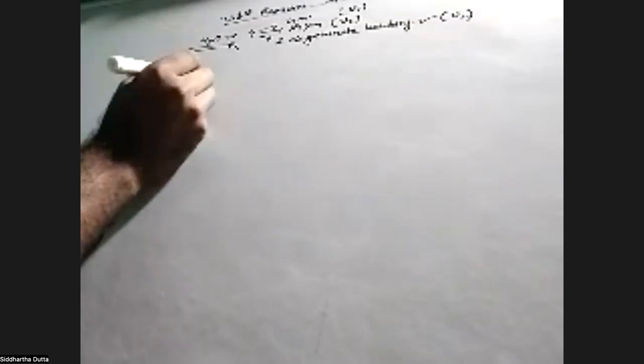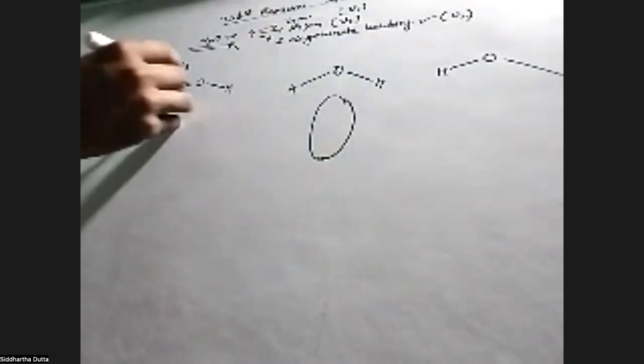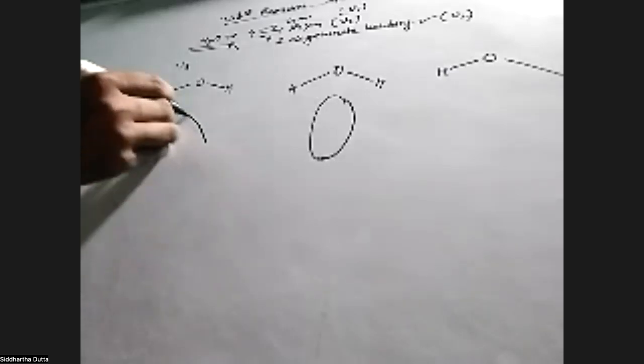Now coming to the asymmetric stretch, that is V3. So oxygen, this hydrogen, and this hydrogen. The polarizability ellipsoid will be like this for the normal molecule. For this vibration, the direction will change.